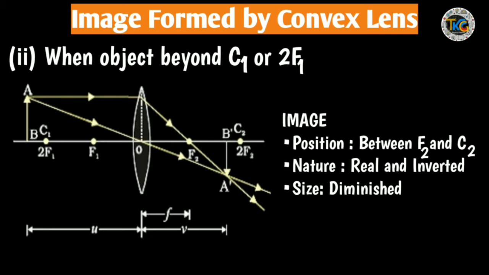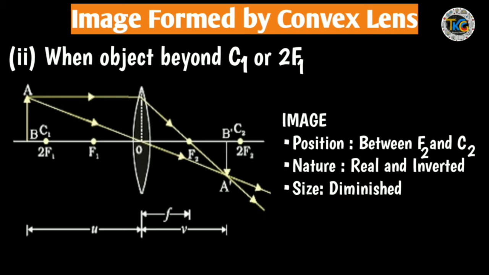Just see the figure here. AB is the object which is placed beyond 2f2, and formation of the image will require two rays. One ray is parallel to the principal axis, so after passing through the lens, it will pass through the focus point f2. Another ray passes through the optical center, so there is no deviation, it remains unchanged.